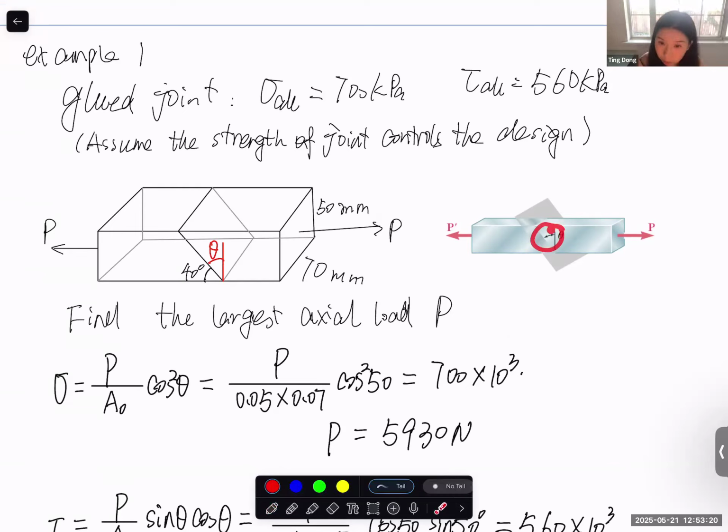Or if you understand it the way I said in class, in the textbook they put it as the x direction and the normal to the plane direction. So this is theta, it's the same thing. Let's say this is the normal to the plane direction, this is the x direction, and this is theta.